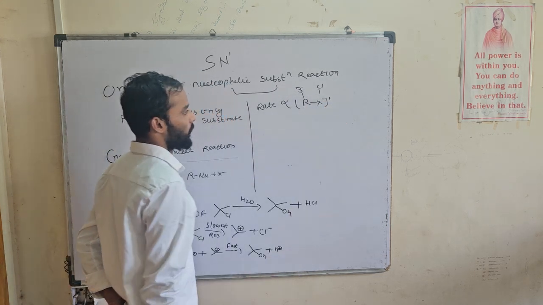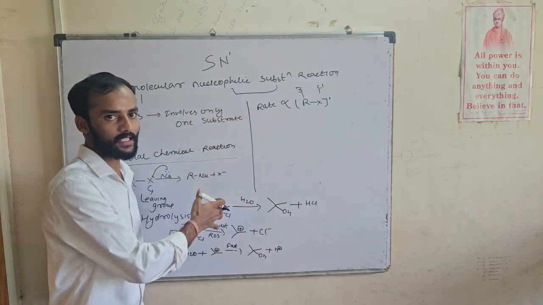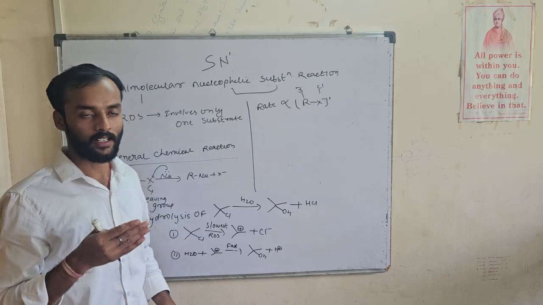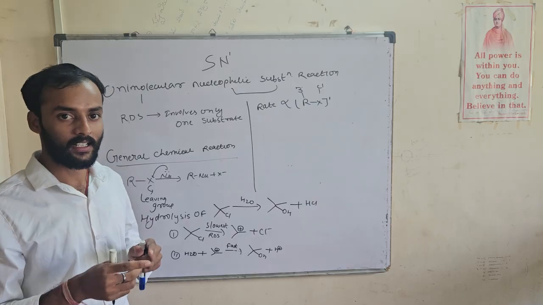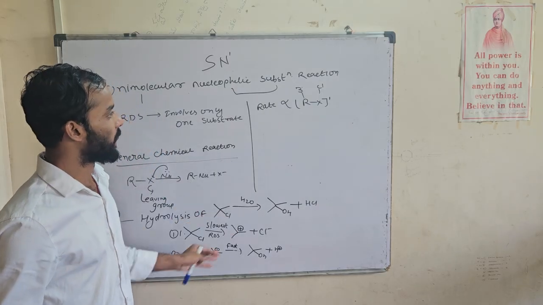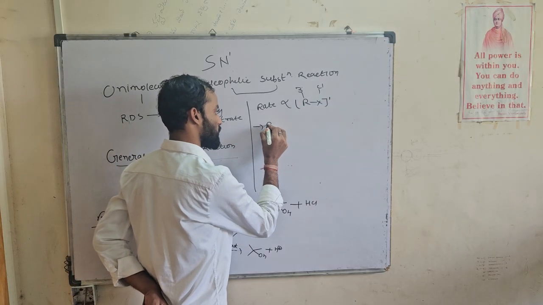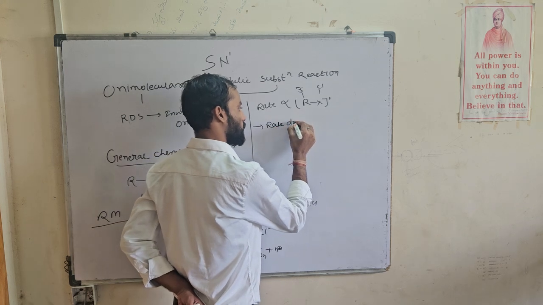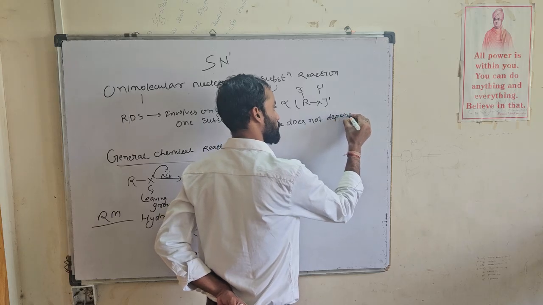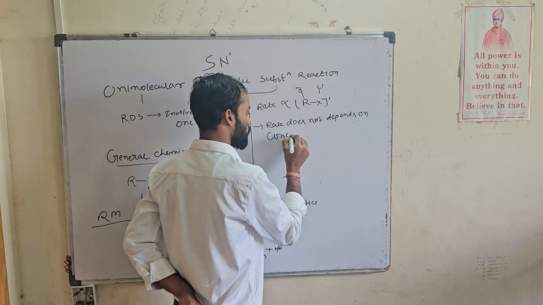Here we have written 1 because it is a complex reaction which involves two steps, and each step is an elementary step, and we know that for an elementary reaction molecularity, that is 1, is equal to its order. From here we can say that the rate of reaction does not depend on the concentration of the nucleophile.